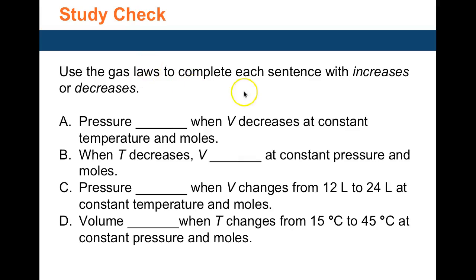Use the gas laws to complete each sentence with increases or decreases. Pressure increases when volume decreases. When temperature decreases, volume decreases. Pressure will decrease when volume changes from 12 liters to 24 liters.